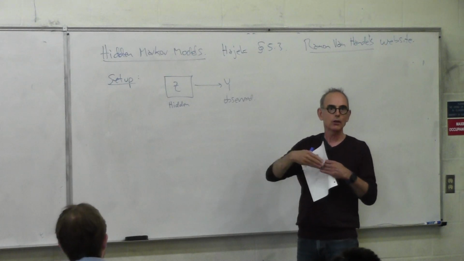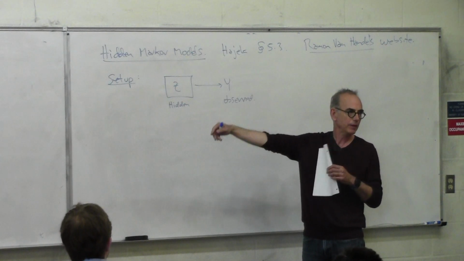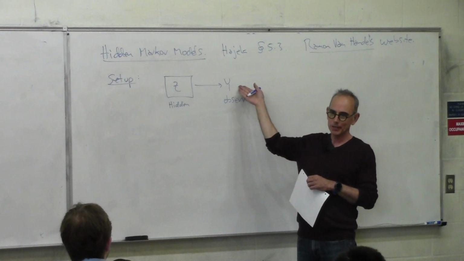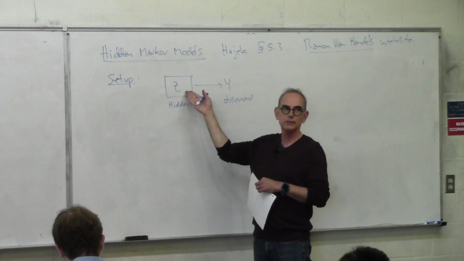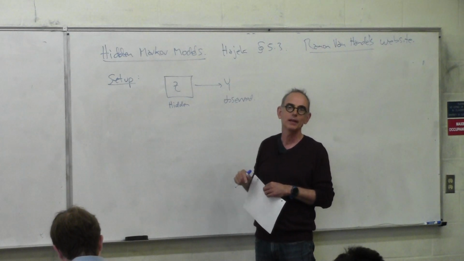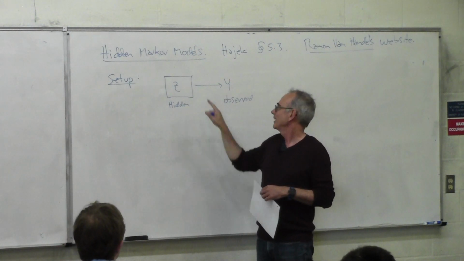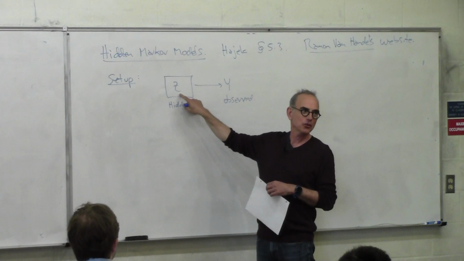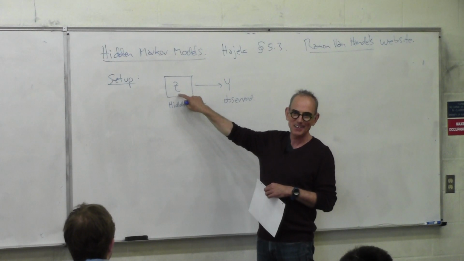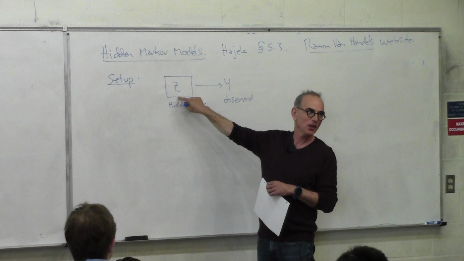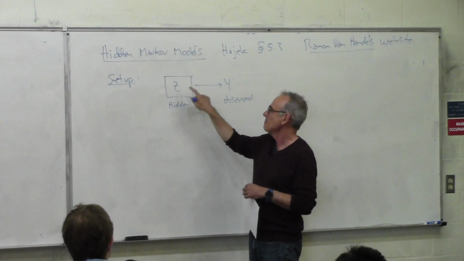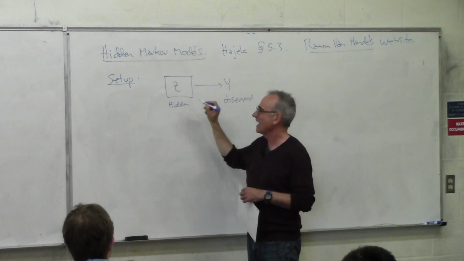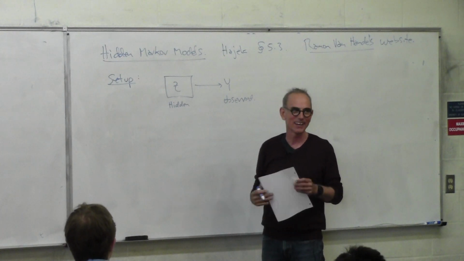So y corresponds to a time series of observations. Think of the stock market, all right? And that's observed. And then you've got some hidden states in here which are not observed, and think of that as what all these jerks on Wall Street are thinking in the boardrooms. You know, when are we going to create the next recession and cash out? But it's almost a joke.